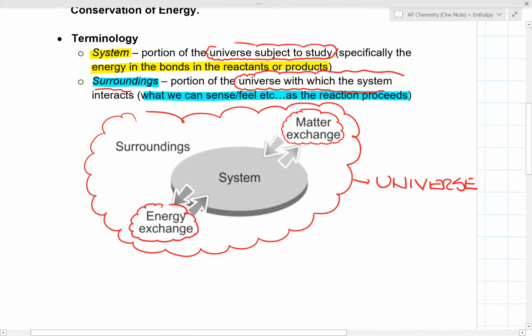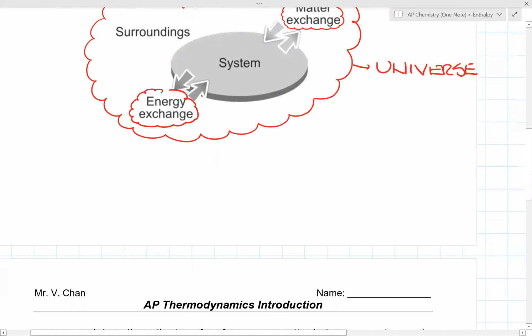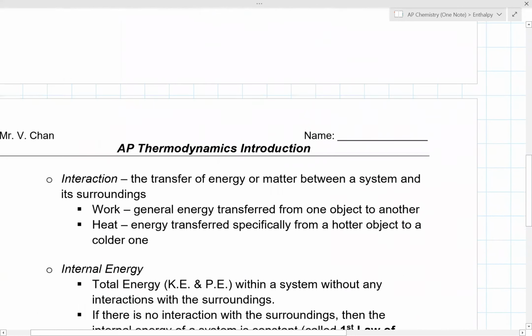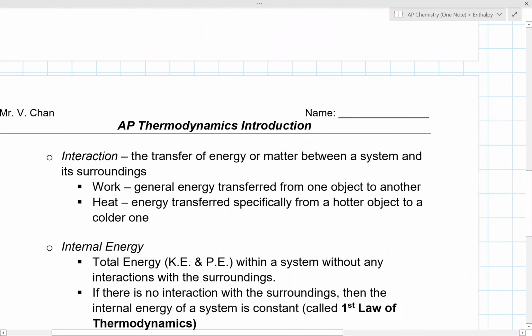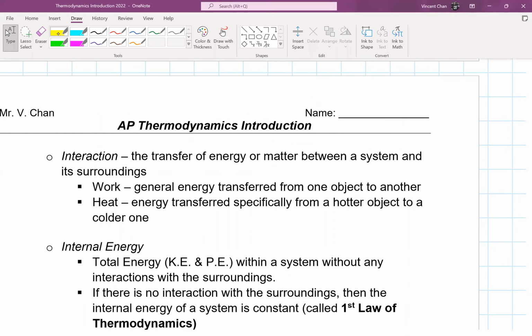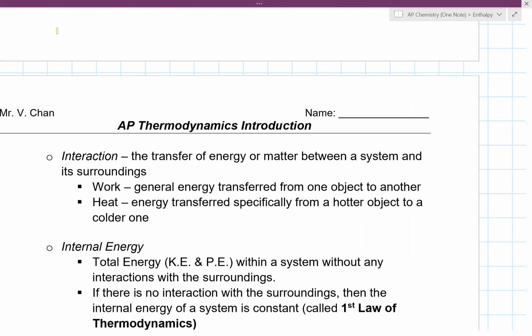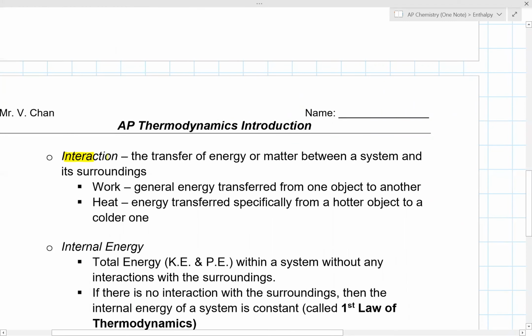So I use that term universe. Now, interaction is the transfer of energy or matter between the system and the surroundings.